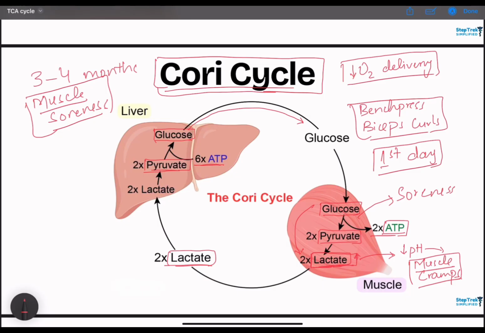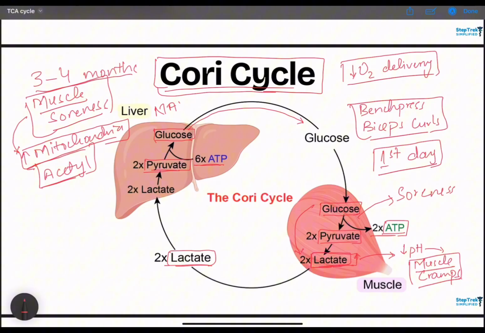Why does it happen? The reason is that after going to the gym regularly, there are some changes within the muscle. We have an increased number of mitochondria, as well as increased size of mitochondria. So after 3 or 4 months, when you go to the gym, the increased NADH or the increased pyruvate is converted into acetyl-CoA by entering into the mitochondria.